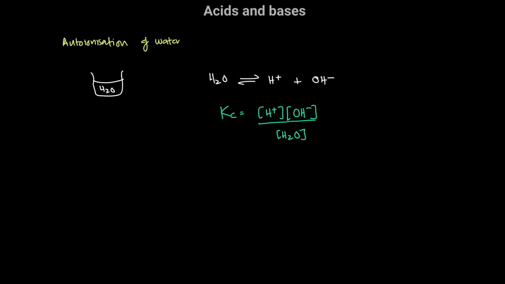But in this case, because it's pure water and a very small fraction of water molecules are ionizing, for example, if I had 1 billion molecules of water, maybe barely even 1,000 will actually ionize, even less than that. So it's a very small fraction that actually ionizes.